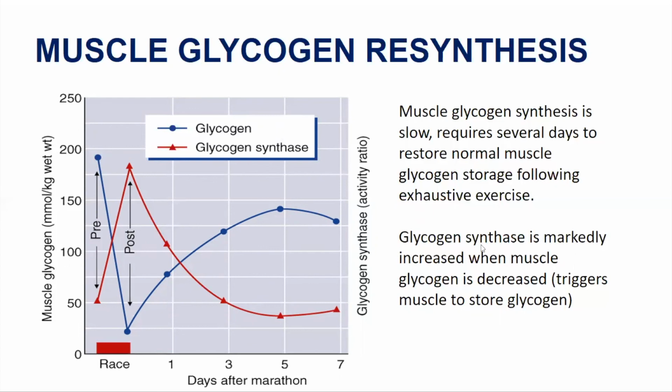So therefore, it stands to reason that scheduling back-to-back long endurance events is not going to be a good idea from the substrate point of view, where you wouldn't be able to maximize your glycogen storage after a very exhaustive endurance race.